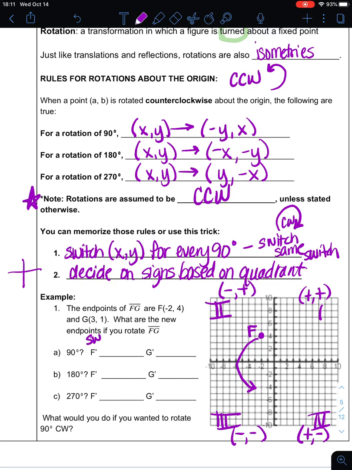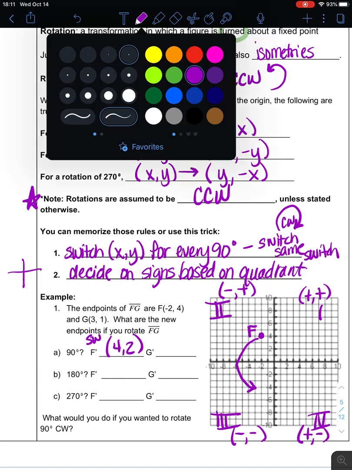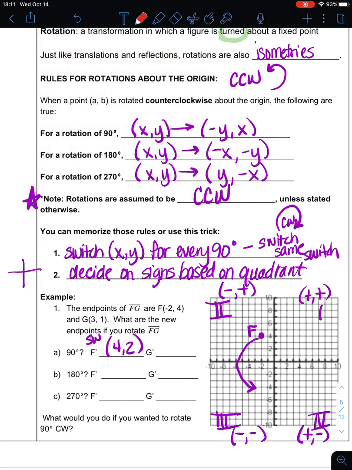So I'm just going to write SW for switch so that I remember what I'm supposed to do. So I'm going to switch my numbers. Don't worry about signs, just switch the numbers. So my numbers are 2 and 4, and I'm going to switch them. I went from quadrant 2 to quadrant 3, and I landed in quadrant 3. The signs in quadrant 3 are negative, negative, so I'm going to throw some negative signs on there, and I'm done. Okay?